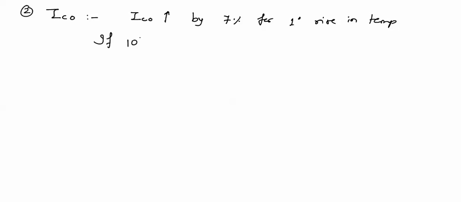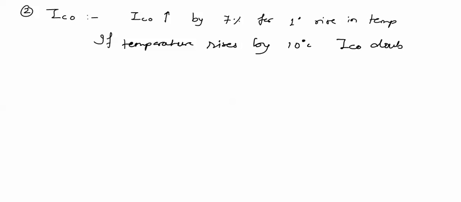If temperature rises by 10 degrees Celsius, ICO doubles. Means ICO at any temperature T2 is equal to ICO at any temperature T1 into 2 raised to power T2 minus T1 divided by 10.